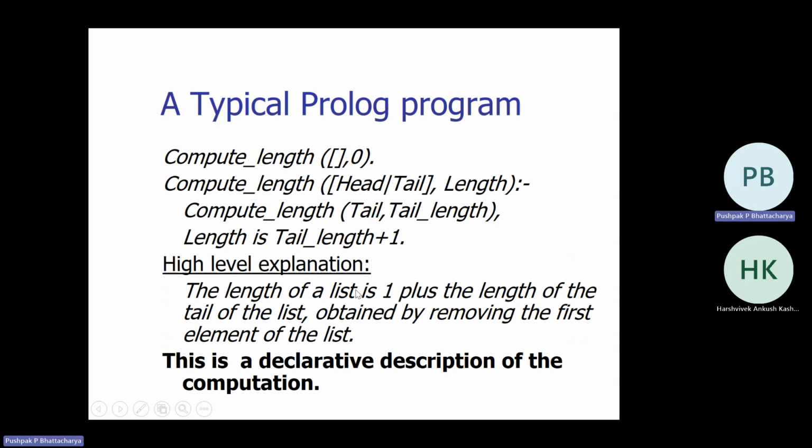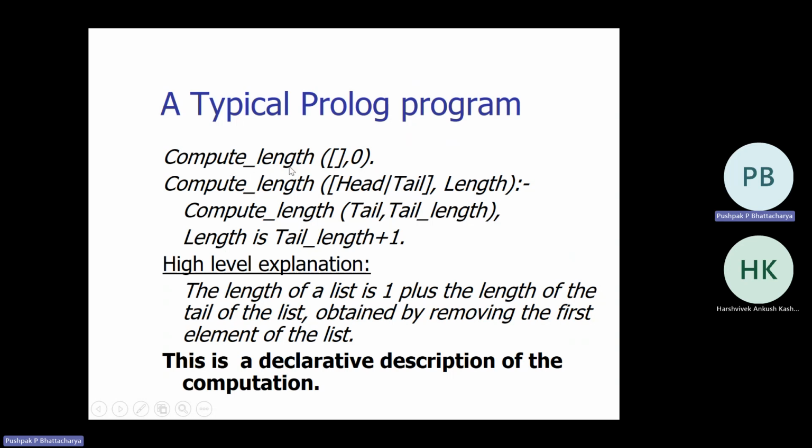This is an understanding of the task called computing the length of a list, the number of elements in the list. So there is a declarative description of the computation. Notice that this natural language description is something we would like to capture in the program.